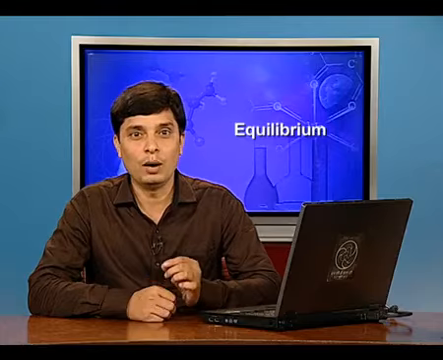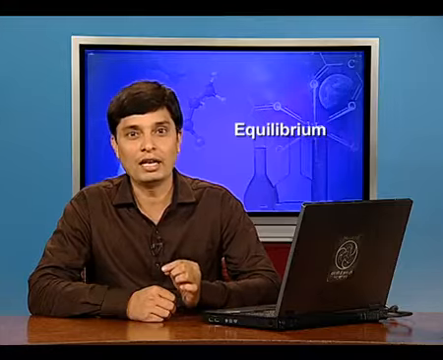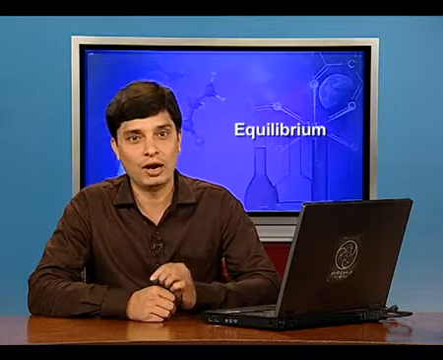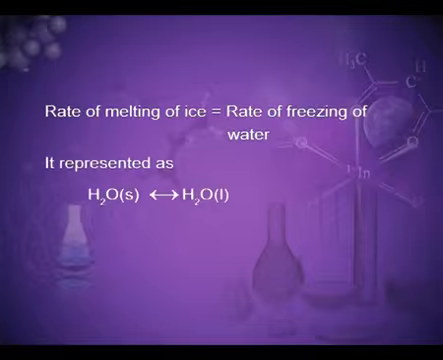The two opposing processes going on at equilibrium are melting of ice and freezing of water. The rate of melting of ice is just equal to the rate of freezing of water. It is represented as H2O(s) ⇌ H2O(l).